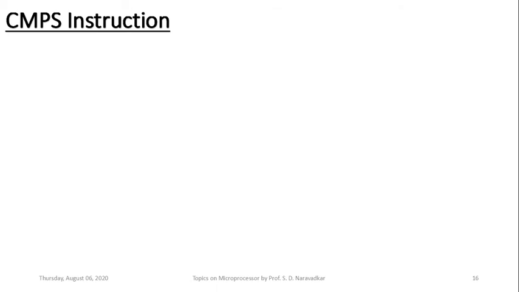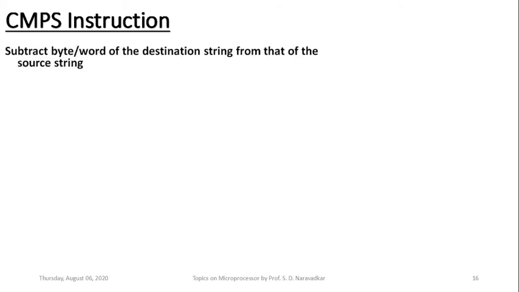Then the last instruction is the compare string instruction, CMPS, which is basically used for the comparison of two strings. How is it performed? It is written here. Subtract a byte or word of the destination string from that of the source string.